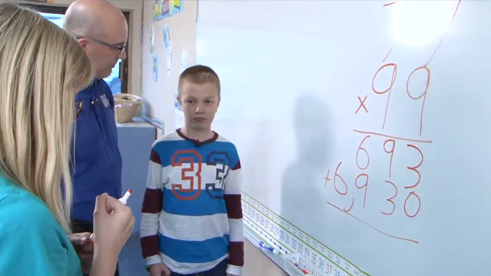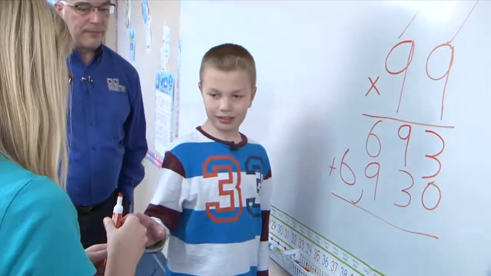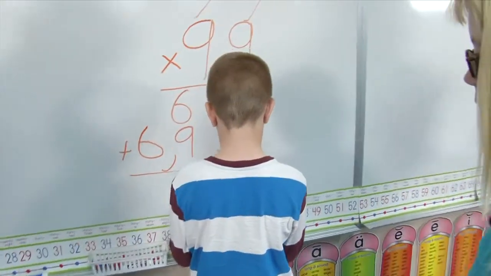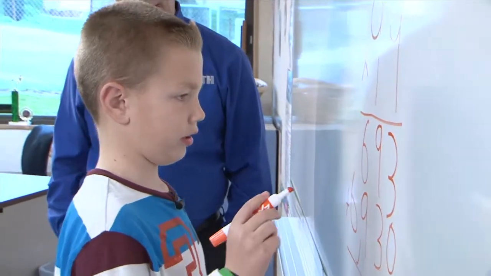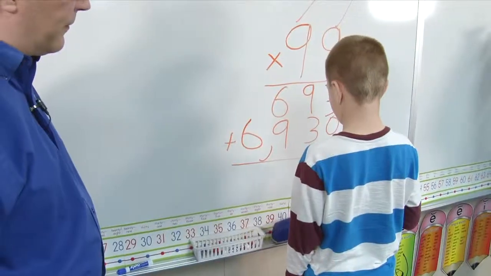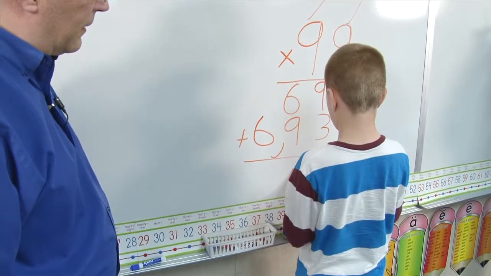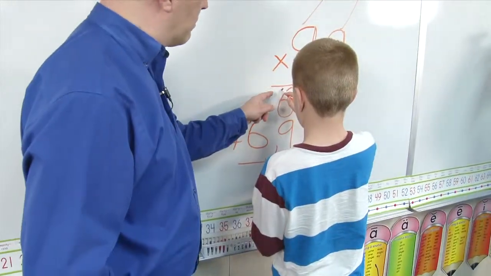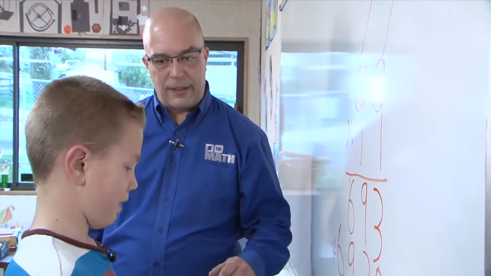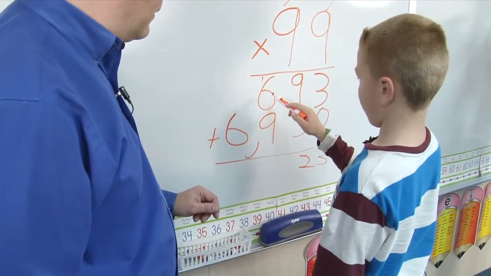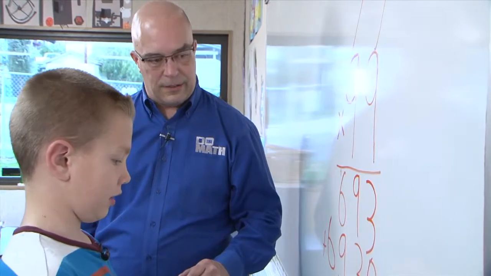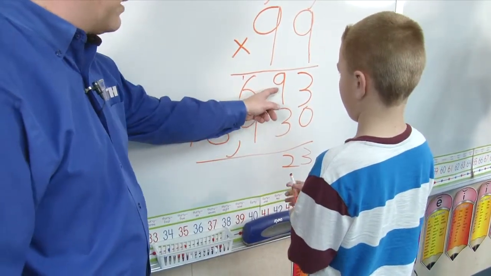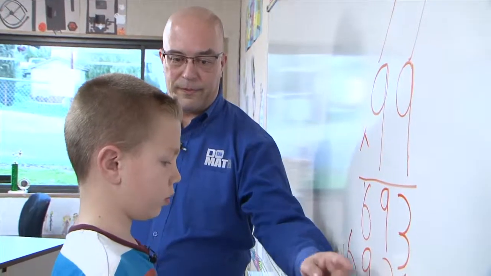Now that we have this, we need to add up all of those numbers. So why don't you go ahead and add those numbers? Good. Now, why did you carry a 1? What's happening here? Because 9 plus 3 was what? 12.